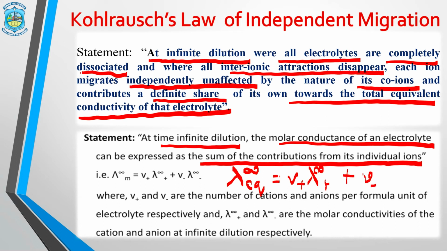v minus lambda infinity minus, where v plus and v minus represent the number of cations and anions, and lambda plus infinity and lambda minus infinity represent the ionic conductance of cations and anions respectively at infinite dilution, whereas lambda equivalent infinity represents equivalent conductance at infinite dilution.